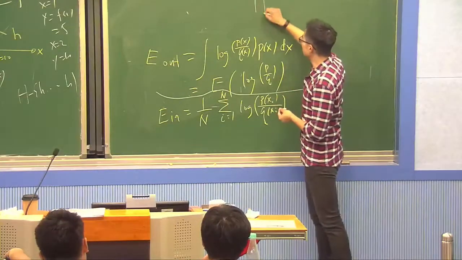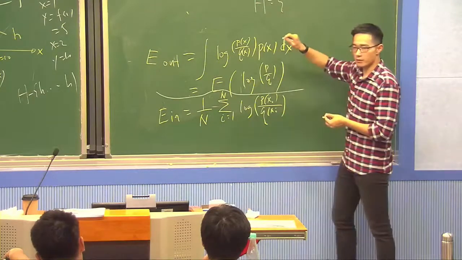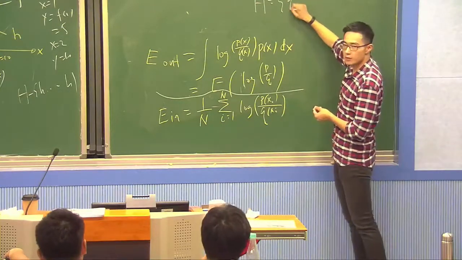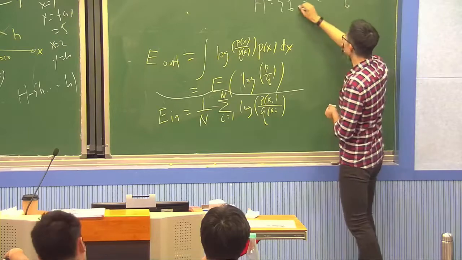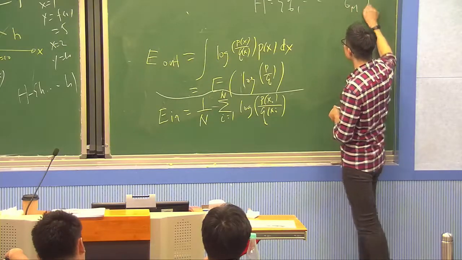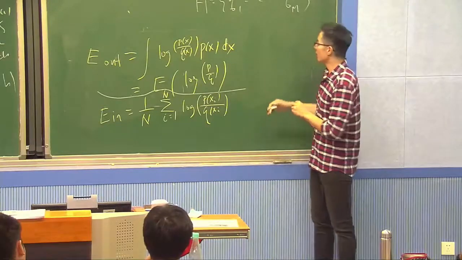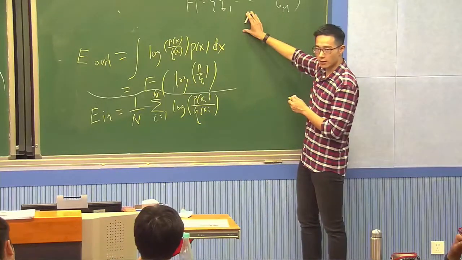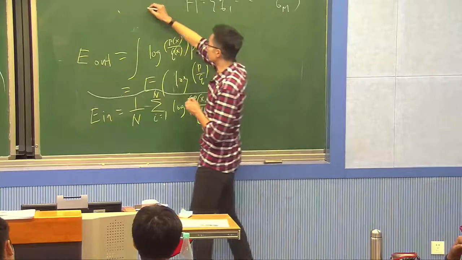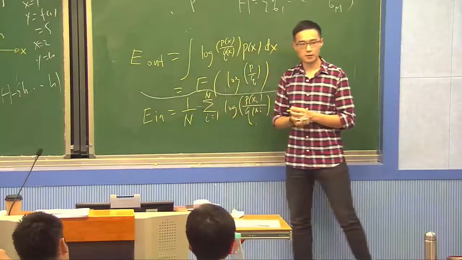I give you a model consisting of many different distributions, from Q1 to, let's say, Qm. Each one is a different hypothesis and a different distribution. I want you to give me a Q that is closest to the underlying P.